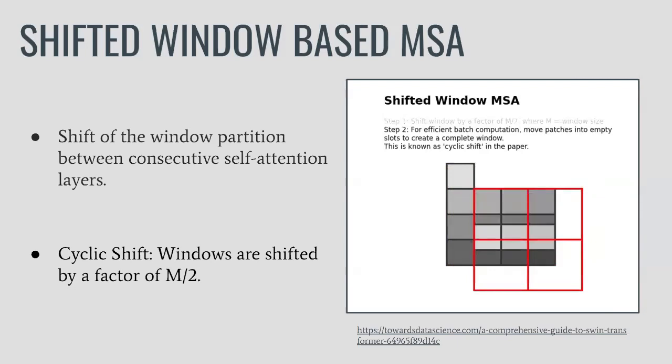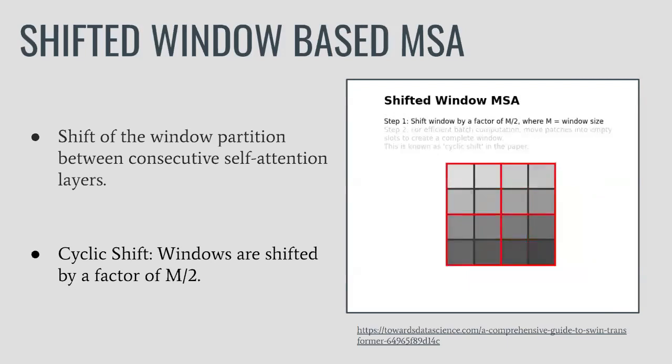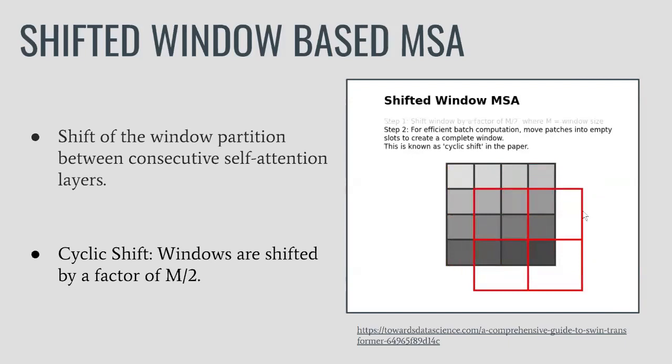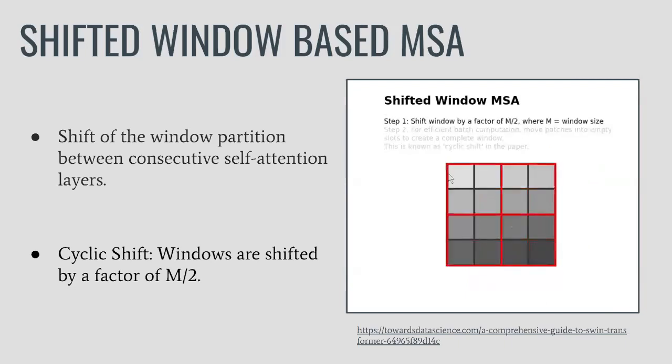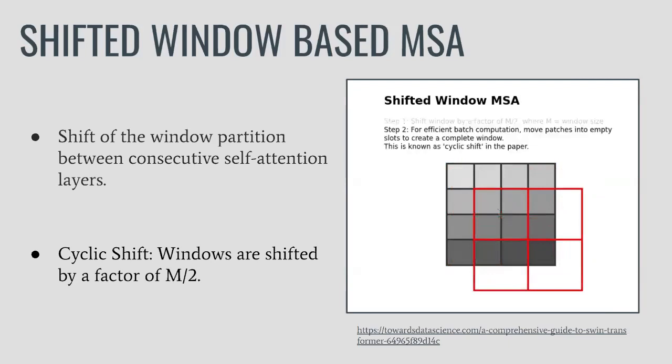In order to not leave them orphaned, we perform the cyclic shift, in which certain orphan tokens are replaced in order to fit in a window. For example, when this is shifted by a factor of m by 2, these tokens are shifted down, these are shifted towards the right, and these are shifted diagonally.